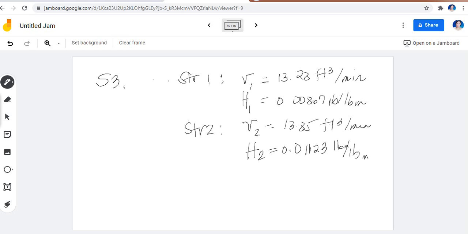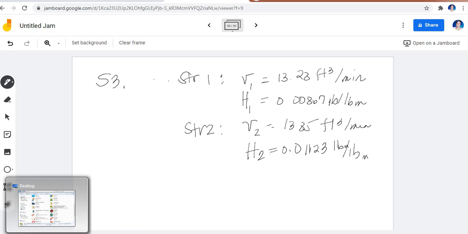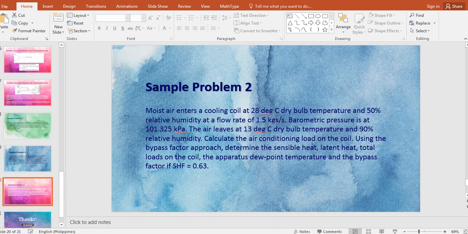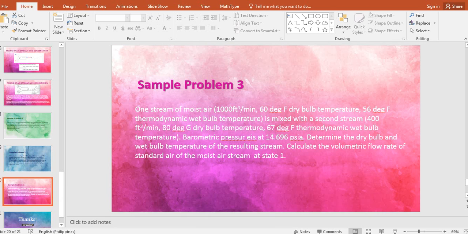Now, these are the values for stream 1 and stream 2 that you can get based on the conditions stated in sample problem number 3. So, we will read that sample problem, that way, you will be able to connect the values that I have placed in our Jamboard.